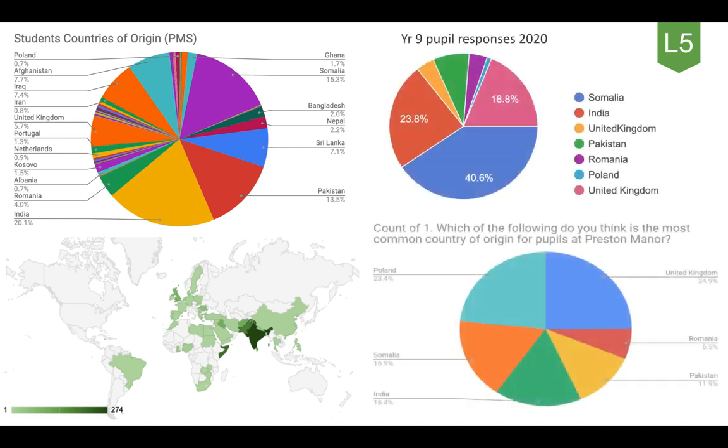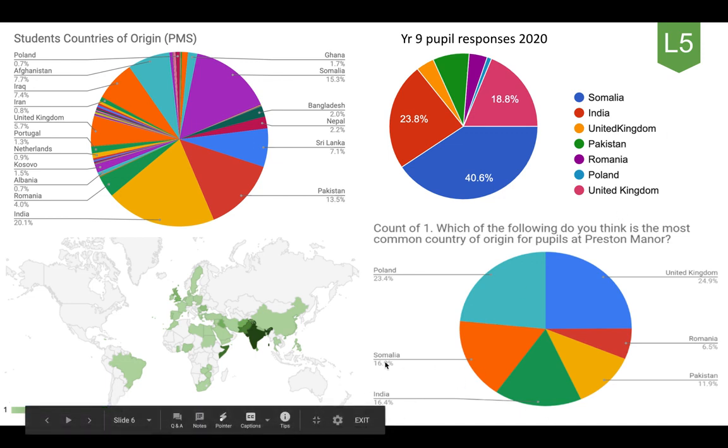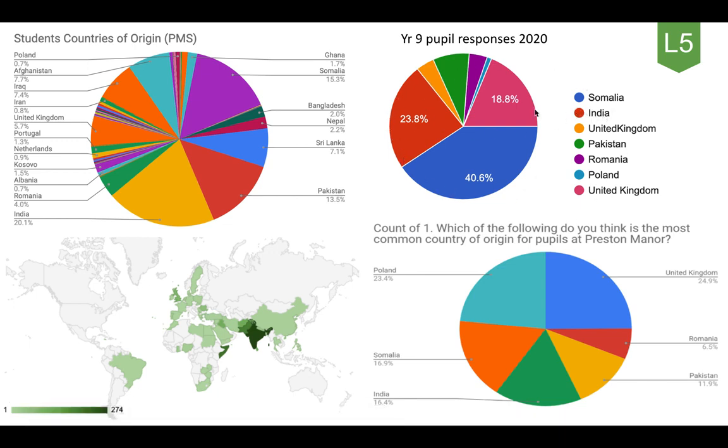Okay, so if we look here now, we've got where did people think that most people came from, and actually a surprisingly small number of people thought that India was going to be the most common country of origin. Okay, and even this year, so this is this year's students' responses, India still doesn't come up. It comes up as second.